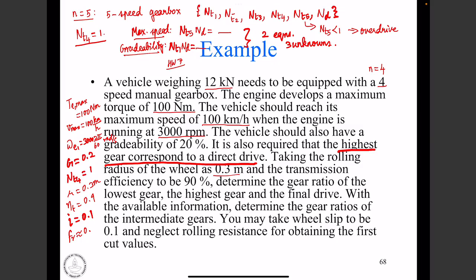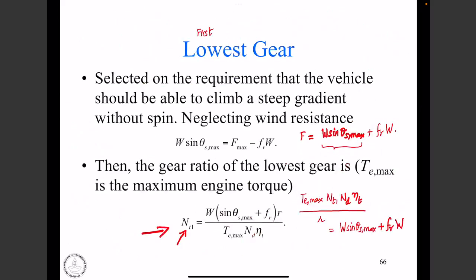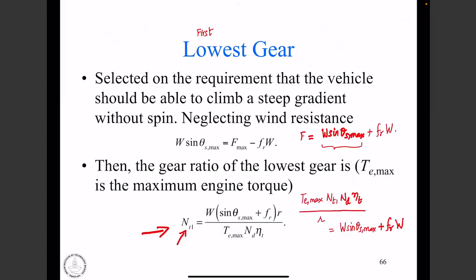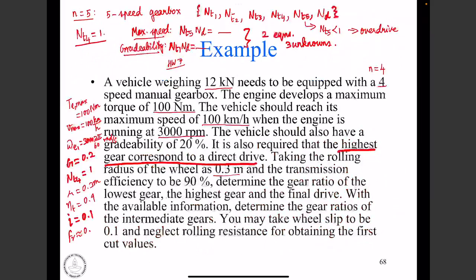From the max speed criteria, we relate NTN, in this case NT5, so we get NT5 times ND to be some number. From the first gear, we get NT1 times ND to be some number. So we have 2 equations, but 3 unknowns: NT1, NT5, and ND. How do we solve this problem?